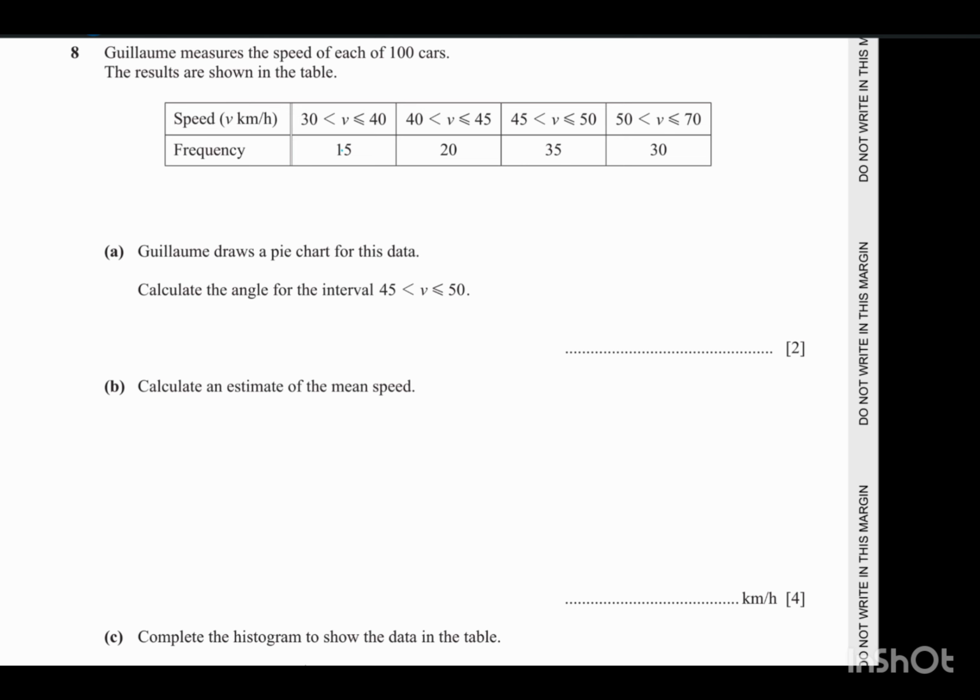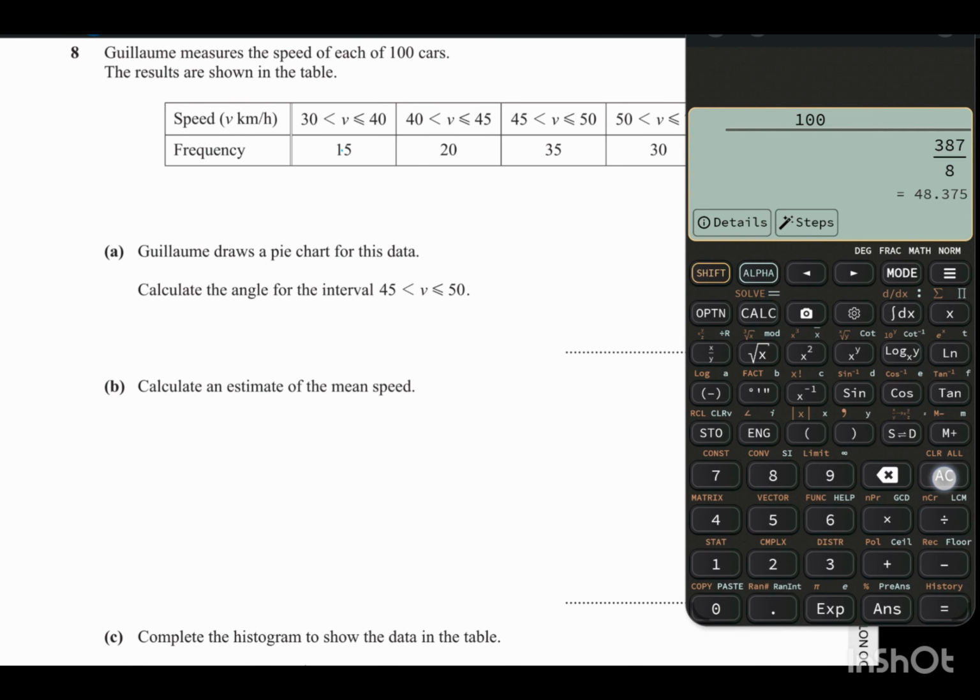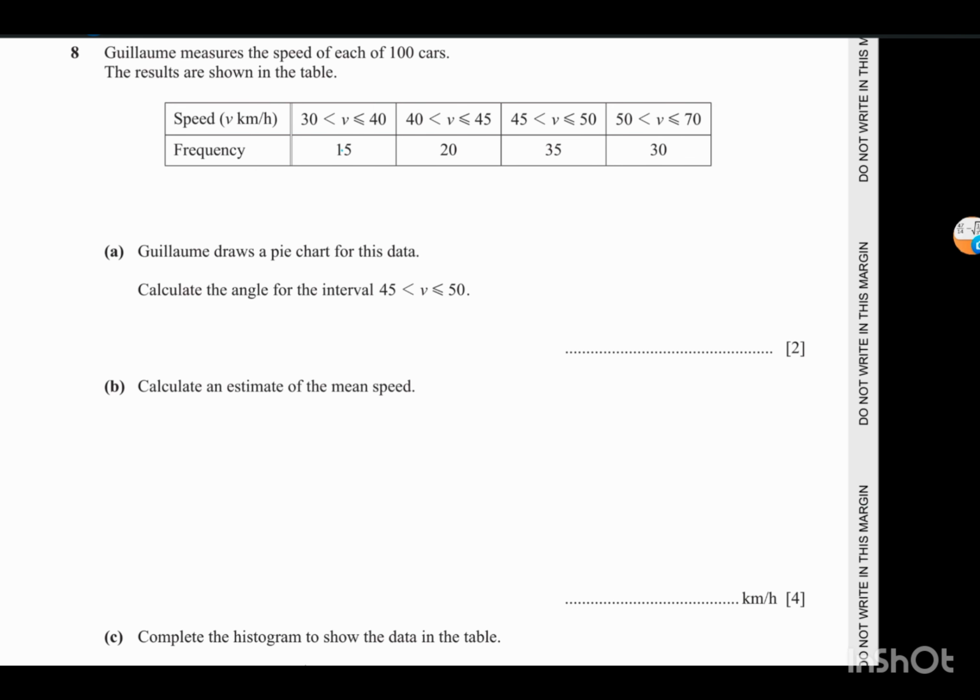So first we'll find out the total of frequency. So total of frequency is 15 plus 20 plus 35 plus 30, which is 100. So total of frequency, sigma f, is equal to 100.